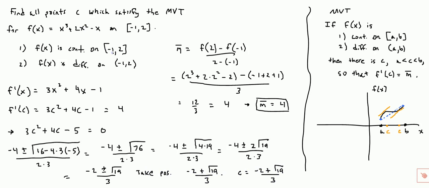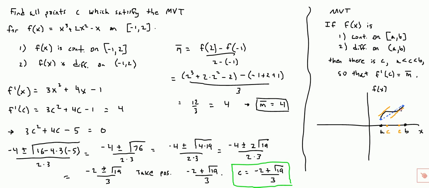This is a lot more algebra than usual. Usually the problem works out to give you a number like 4 or 0, not negative 2 plus root 19 over 3, but the main idea is that you're going to find points so that the derivative at those points matches the average slope of your function on the interval.